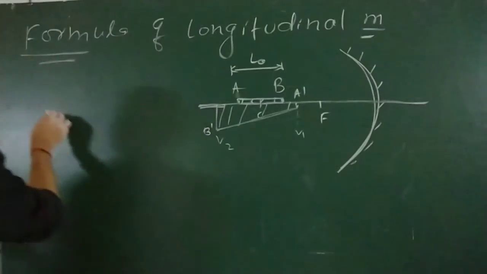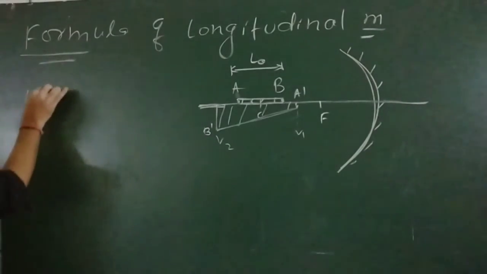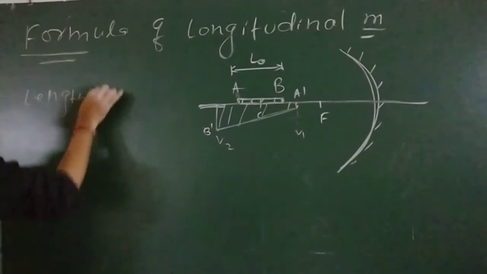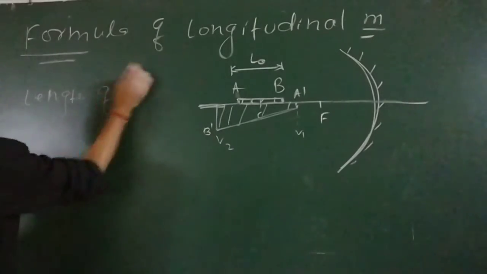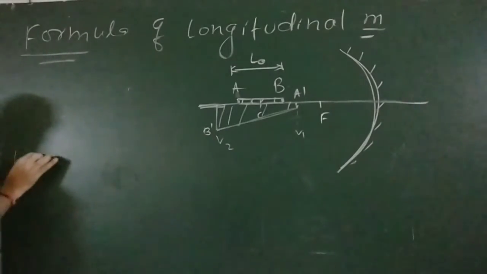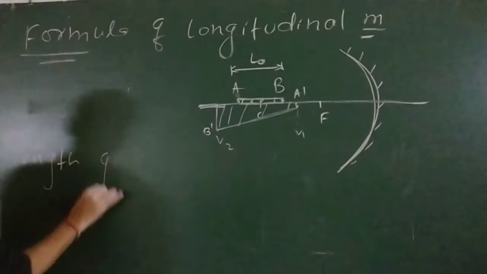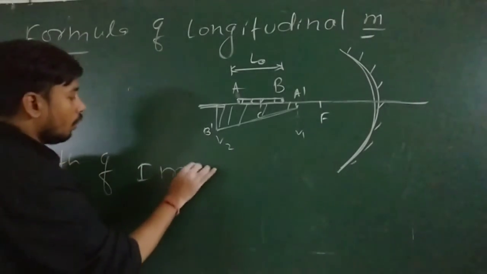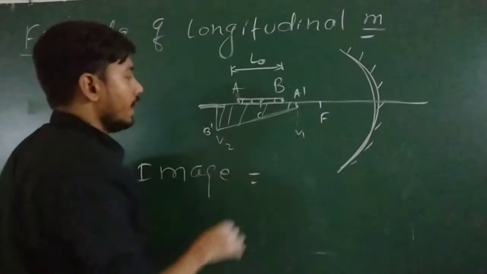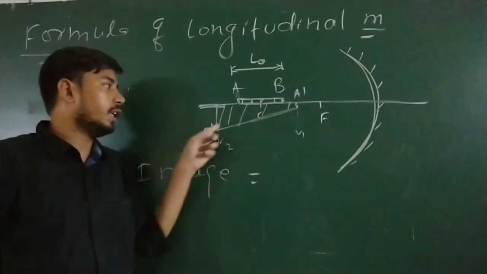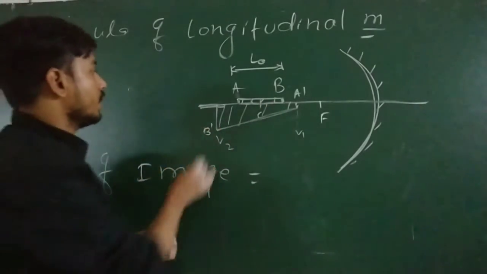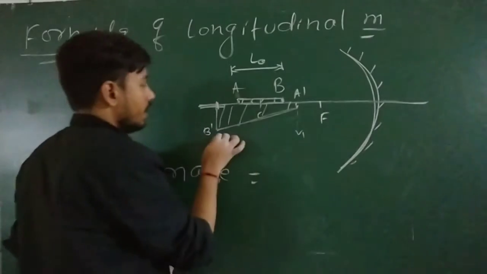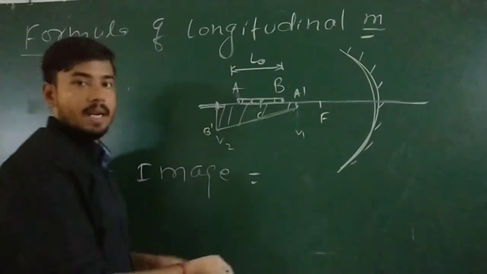So the length of the image, I am writing it down. You will say, sir, the image is forming from here to there, so this distance minus this distance, right? It means this distance is what?